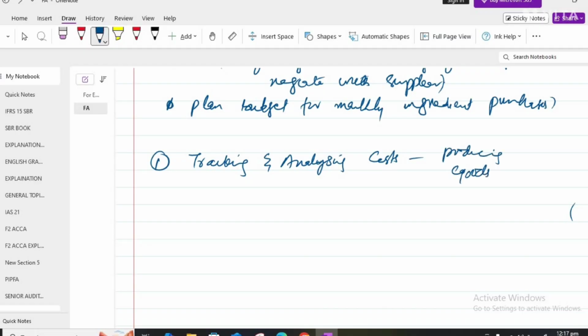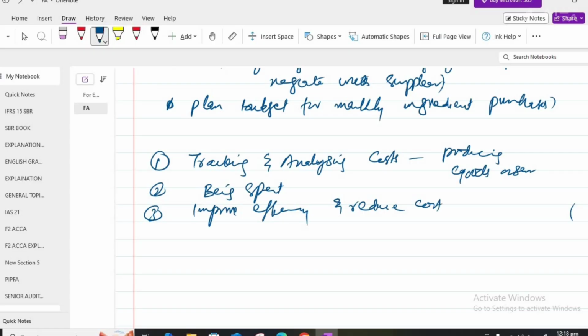The second point is it helps the manager understand where the money is being spent. Then it's also used internally to help improve efficiency. And definitely, if you know about the cost, then you have to reduce the cost if it's high. It also focuses on details like material, labor, and overhead expenses. Clear?